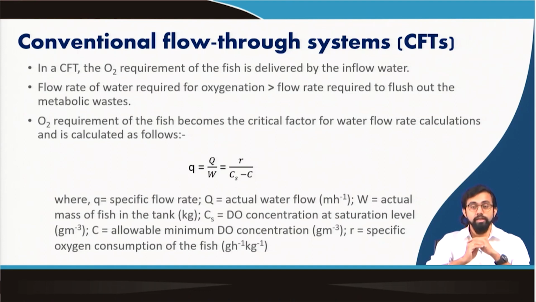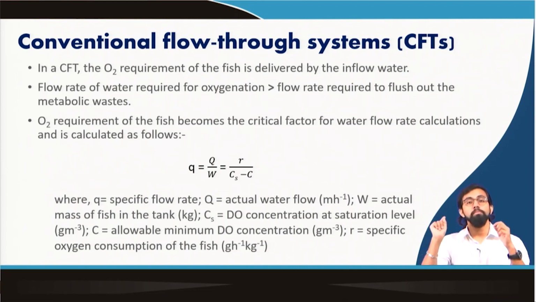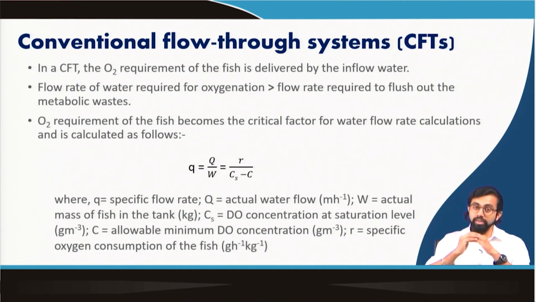You may be asked in any kind of competitive exam. In general, at 20 degrees Celsius in STP condition, the dissolved oxygen concentration is 9.07 milligram per liter, or 9.07 ppm, parts per million. That is the DO concentration at saturation level at 20 degrees Celsius.